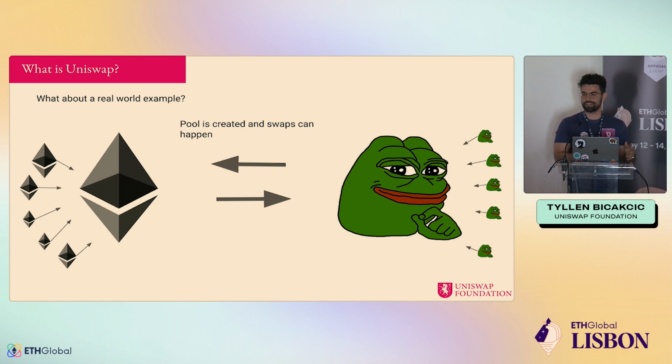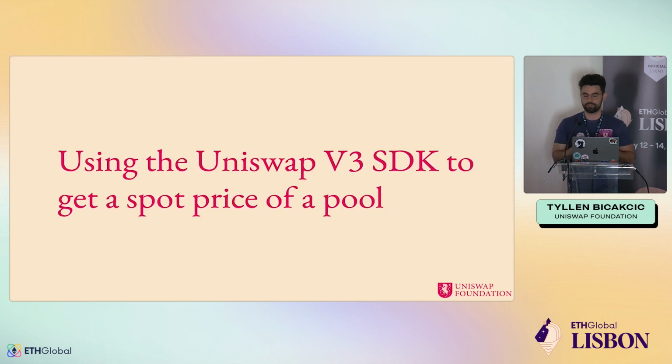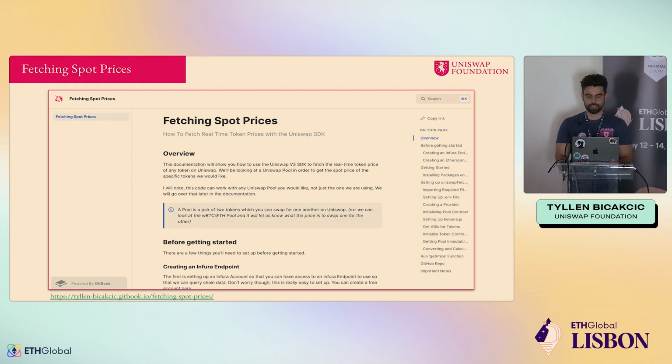So now that we've gotten over this kind of cringe meme coin, maybe we can go into some code and see how, now that you have a pool, you can actually interact with that pool and do something simple like pulling the price of the certain coins in that pool. So we're going to be looking at fetching spot prices live for Uniswap pools.